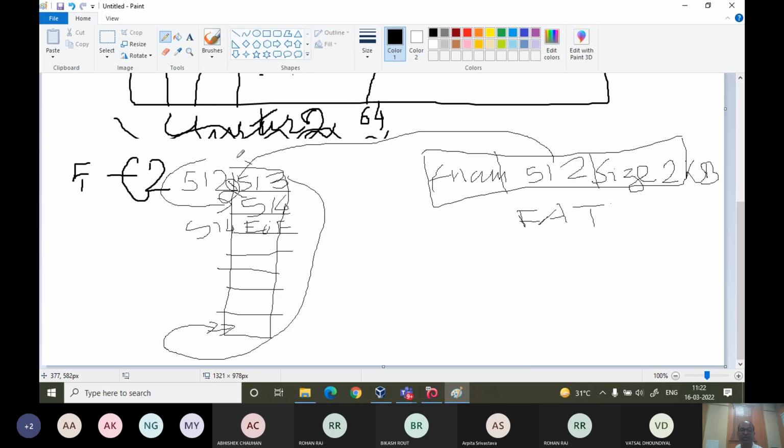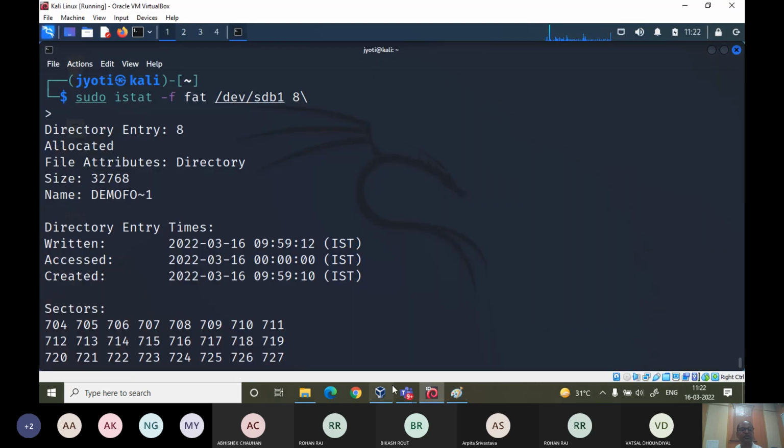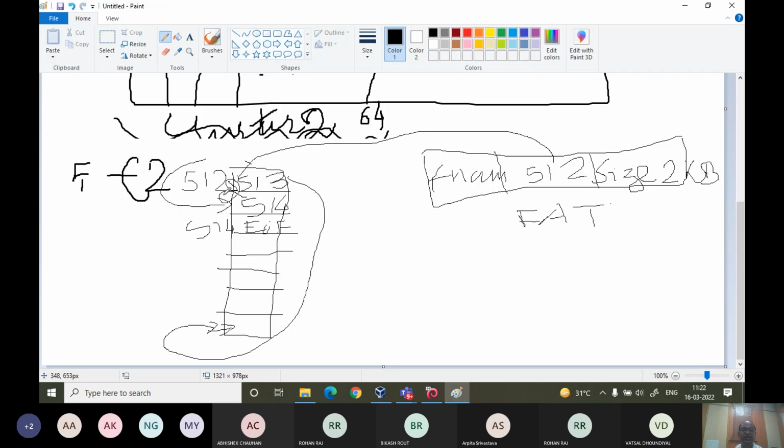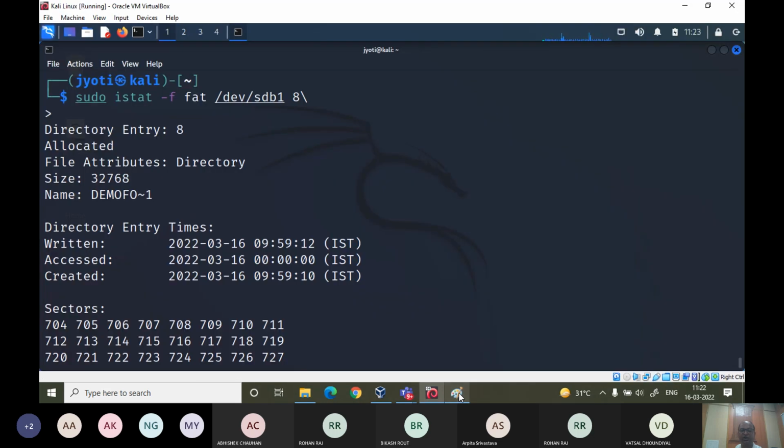So in the file system, in FAT, if information about something is 0, then that is not allocated. Otherwise, it is allocated. Some information will be there, either EOF or some number. Except 0, if it is not 0, then it is allocated. There won't be 0, so it is allocated. It is 3, size is this much, and the name is this one.